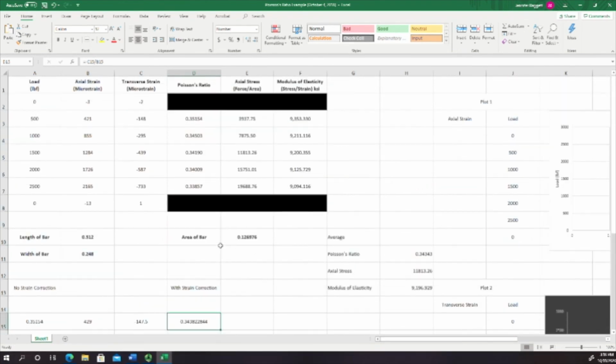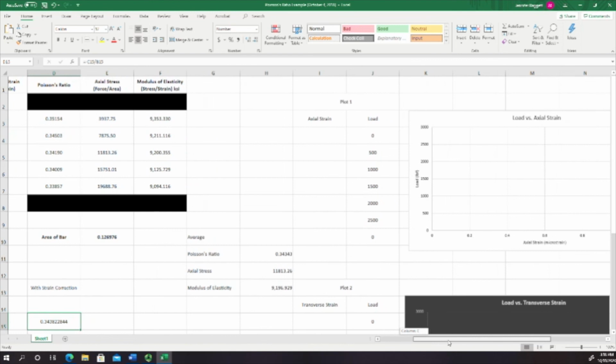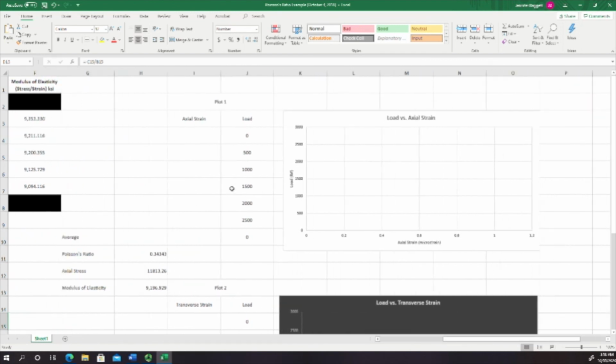So the last step for the analysis of the experiment, not including the question segment or the discussion, is the 2 graphs that we'll be looking at. In this case, we'll be looking at the axial and transverse graph, and we're looking to make sure that our load values line up according to what we would be interpreting in terms of a fairly linear relationship.